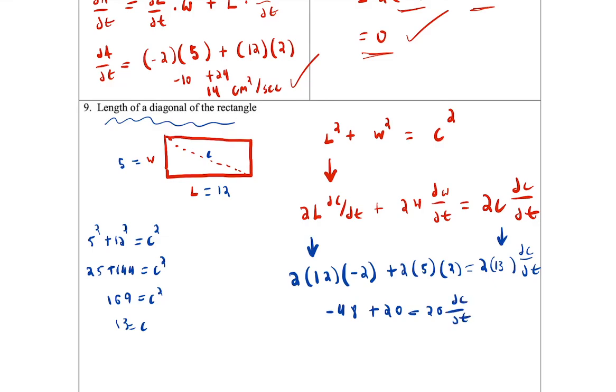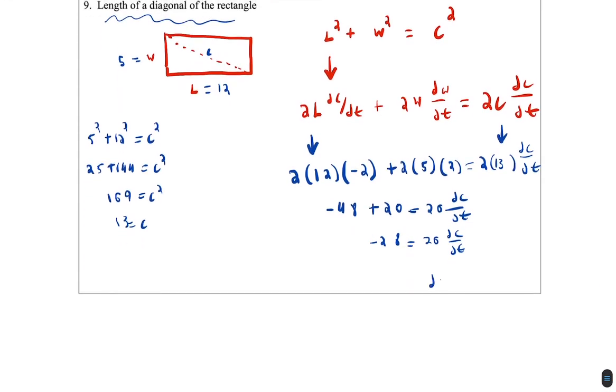And so you get here negative 28 is equal to 26 dc/dt. And so finally, dc/dt is equal to negative 28 over 26, or negative 14 over 13 if you divide those both by 2.